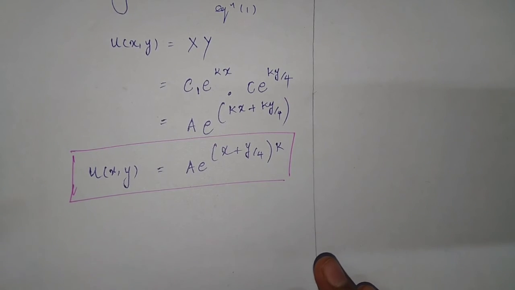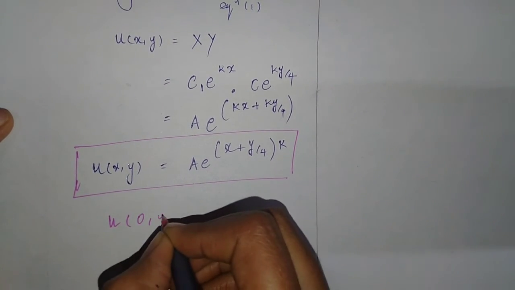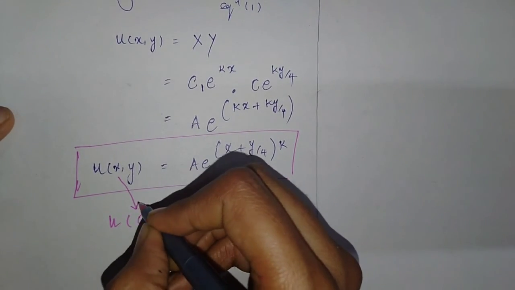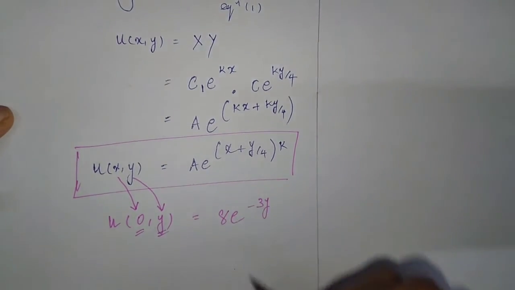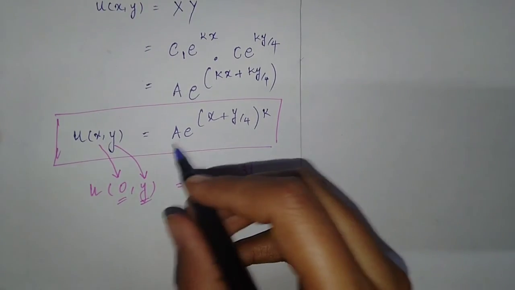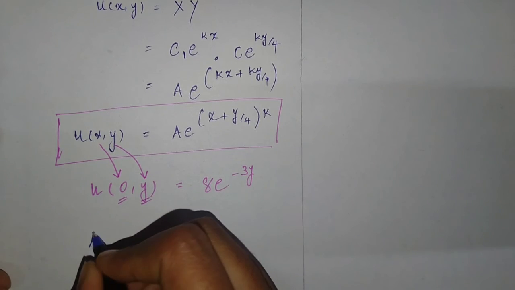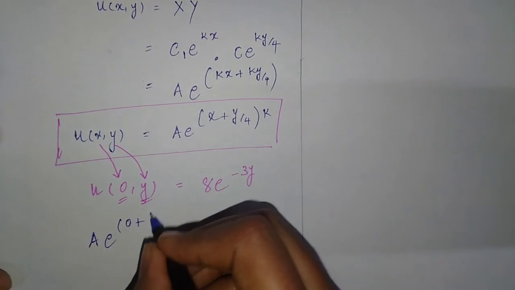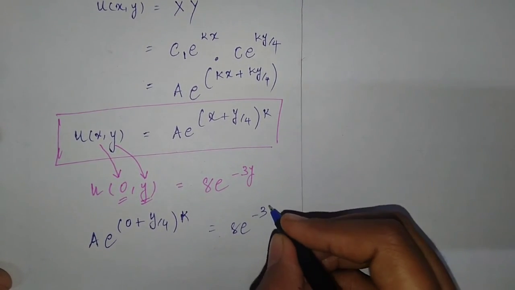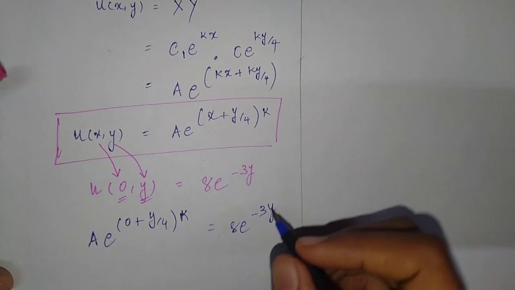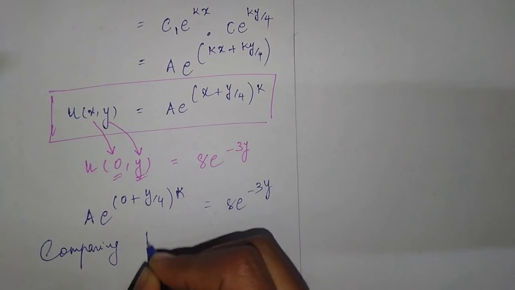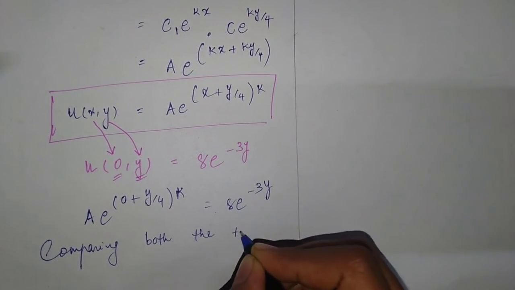Okay, but in the question it is also given that you have to put U(0, y) equal to 8 e raised to minus 3y. It means in place of x you have to put 0, and in place of y it will be y only. So it will be a e raised to (0 plus y by 4) into k, and that is equal to 8 e raised to minus 3y. Now if we compare both the terms, then what will we get?